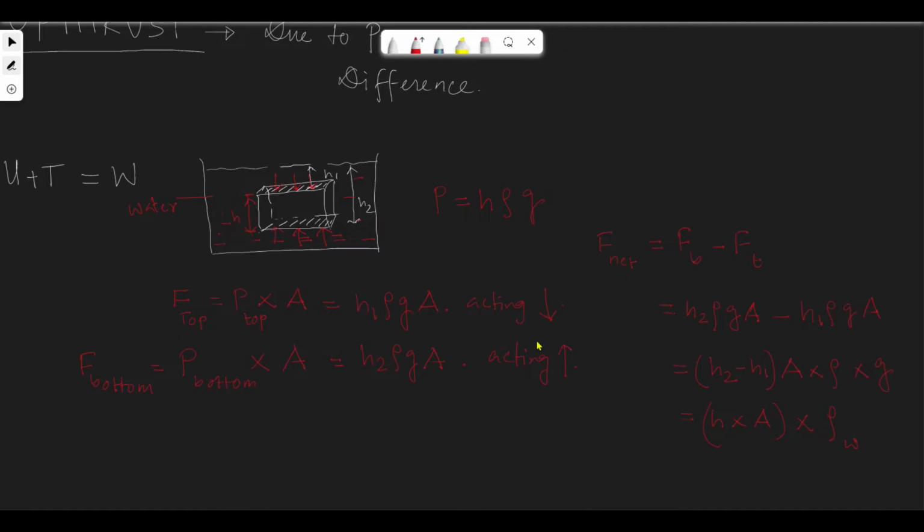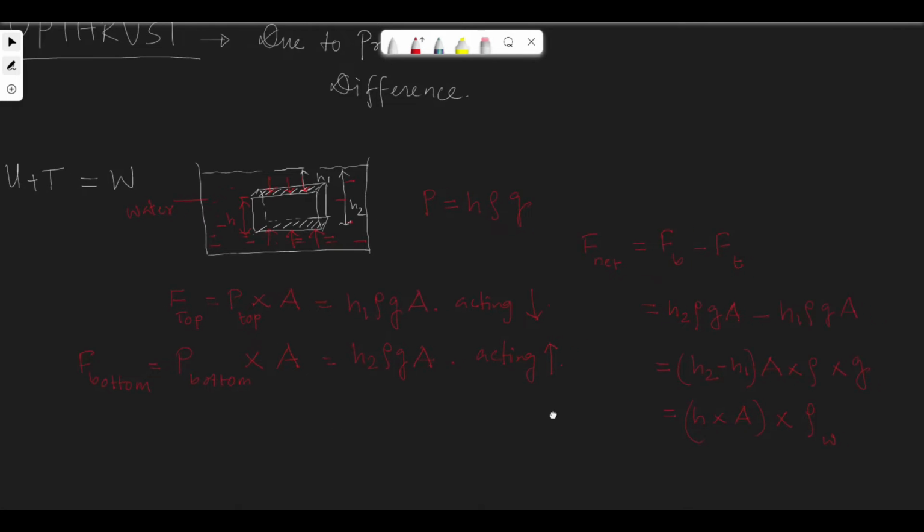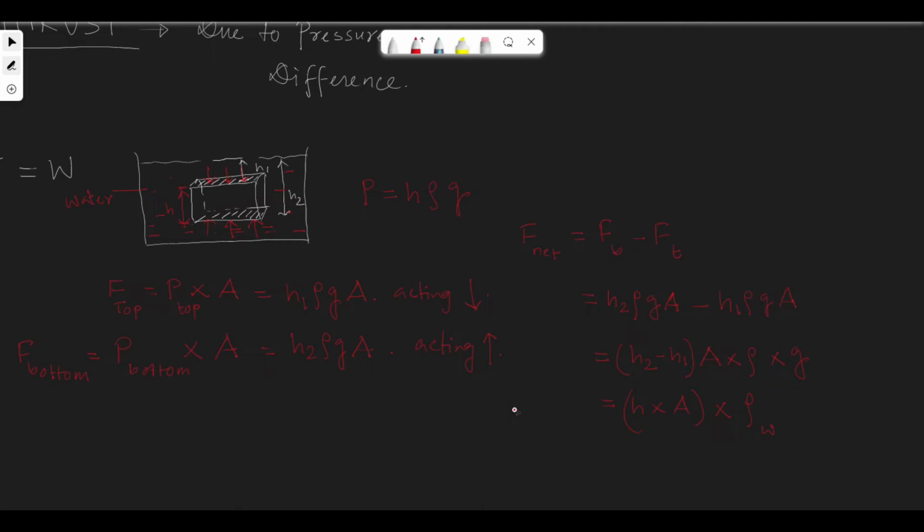If it is some other liquid, then you will write down the density of that liquid. For example, it could be oil, so density of oil. If the object is submerged in this particular liquid, you will write down the density of that liquid only. This is multiplied with g.